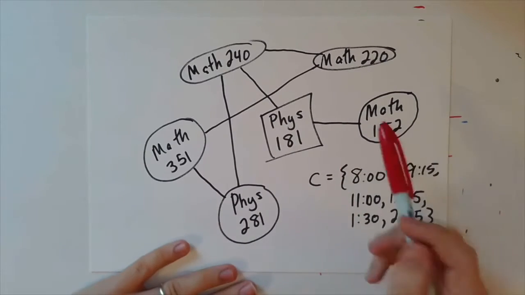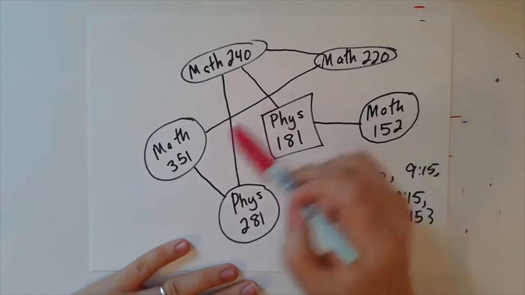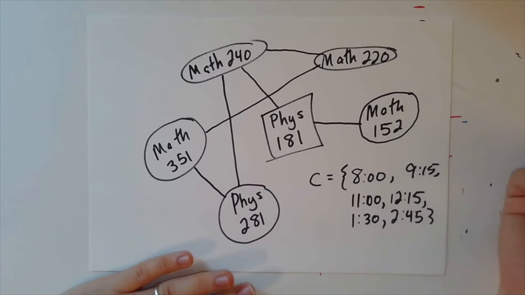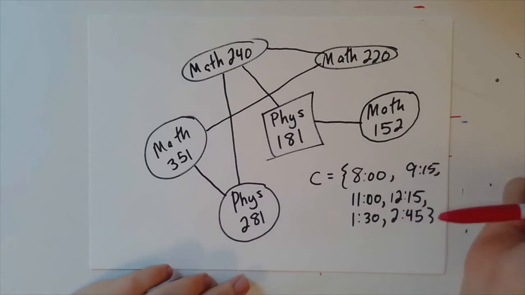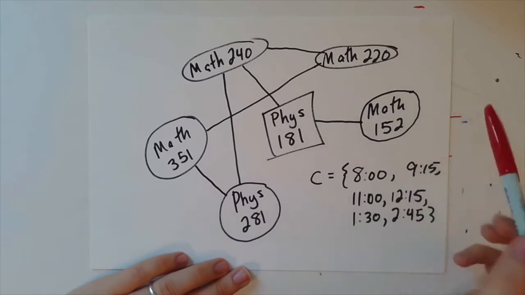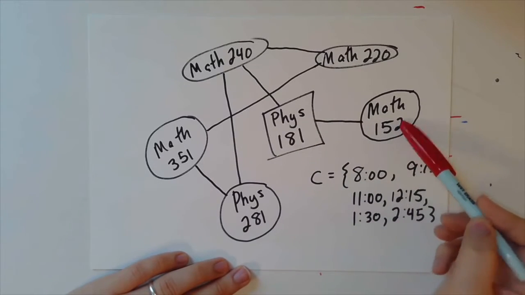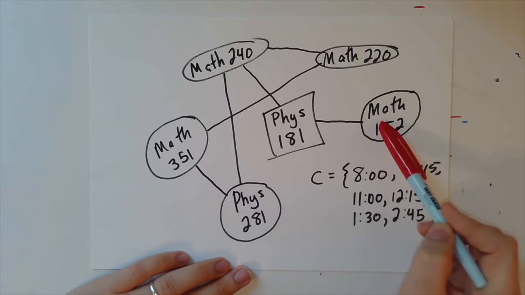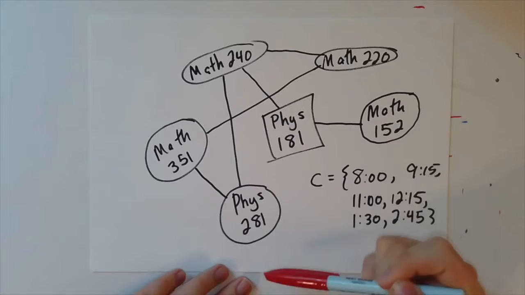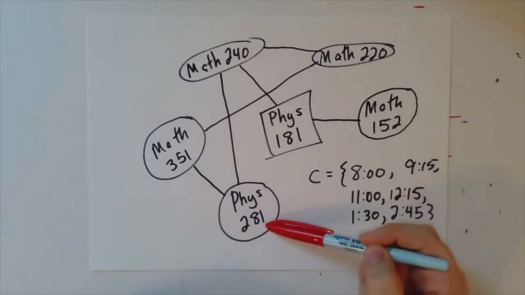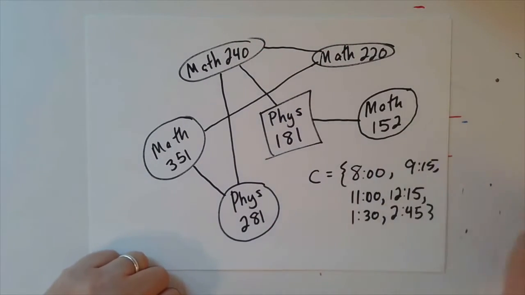What I've done here is I've drawn an edge between 2 classes that should not be offered at the same time. For example, very often an incoming physics major will start in Math 152, so they should not have these 2 classes at the same time, because then the student couldn't take both of them. Likewise, a second-year physics student will likely be in linear algebra, and so on.